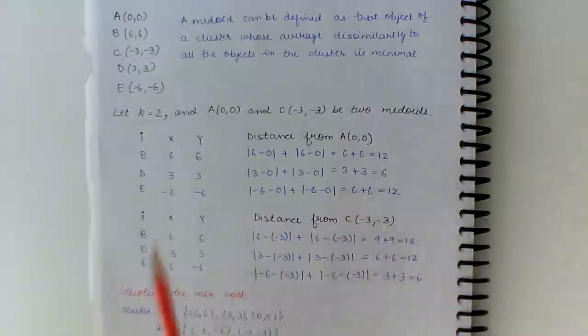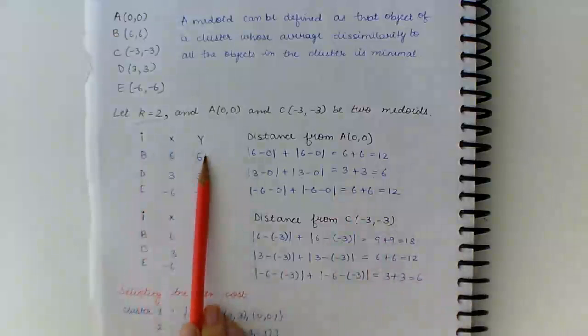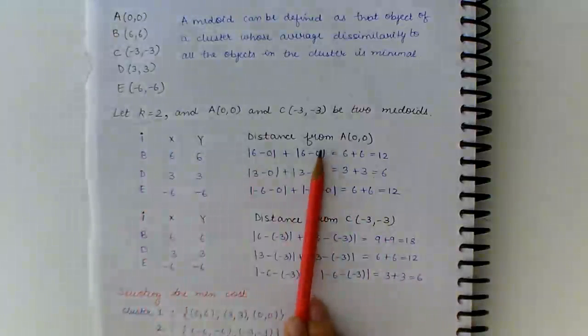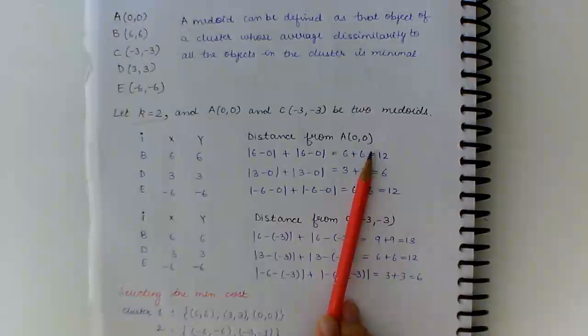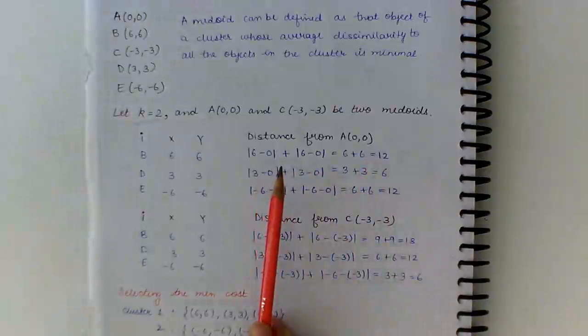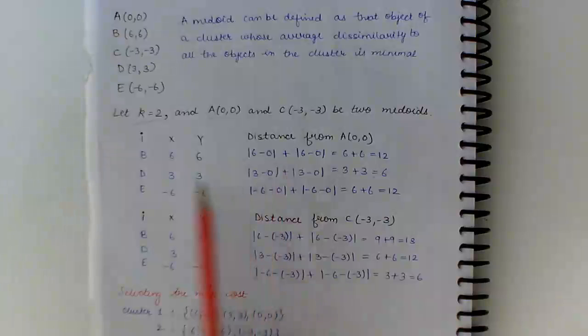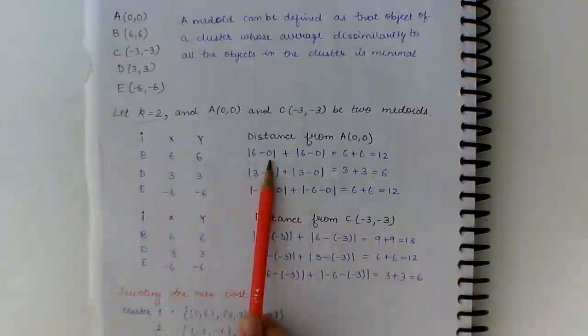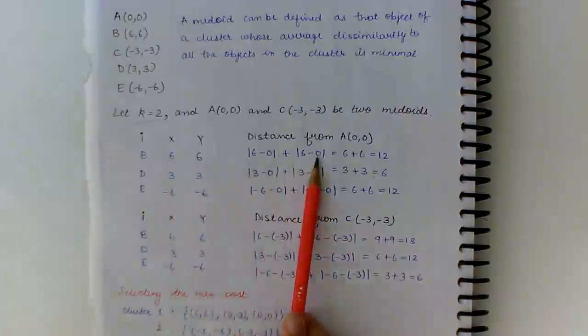Here we have the node, the x coordinate and the y coordinate. The distance from A (0, 0) is calculated. This is the Manhattan distance formula, and here we have 6 minus 0 plus 6 minus 0, which is 6 plus 6, equal to 12.